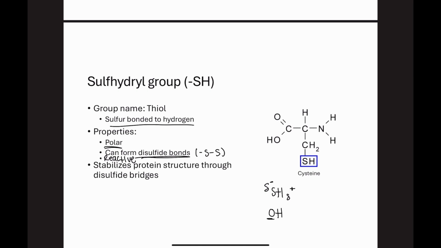This is a disulfide bond. And it can form these disulfide bonds with other sulfhydryl groups. And this forming of the disulfide bond is extremely important in the stabilization of the three-dimensional structure of proteins. It is very important to protein folding.